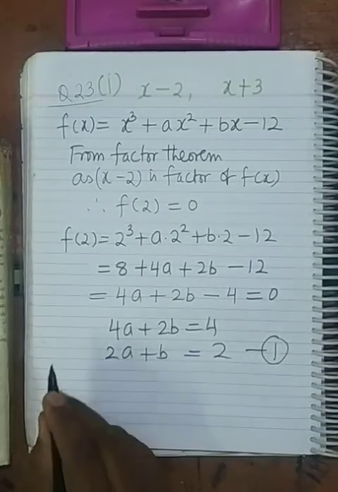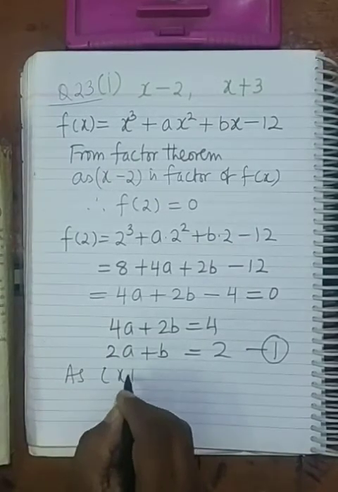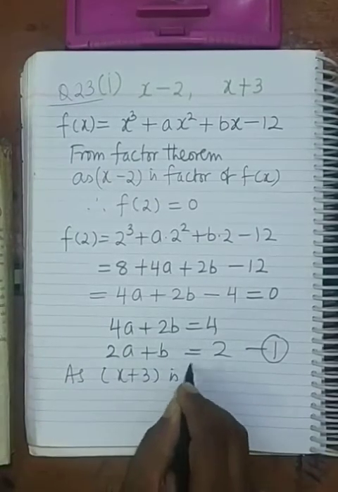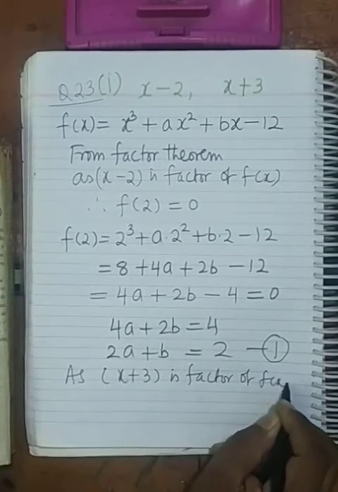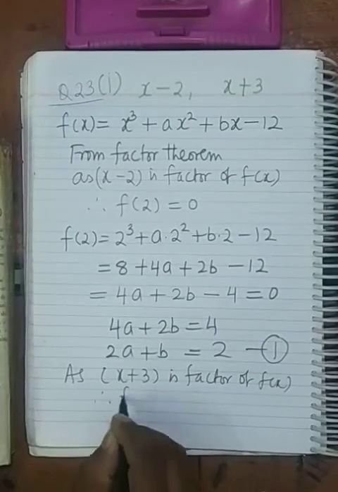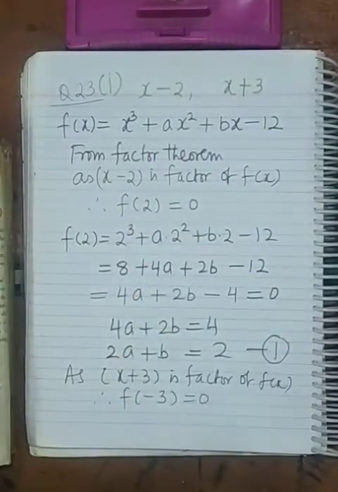Then similarly, as x plus 3 is factor of f(x), therefore f(minus 3) equals 0. Now we will not write this much, because we have already written. So f(minus 3) equals 0.